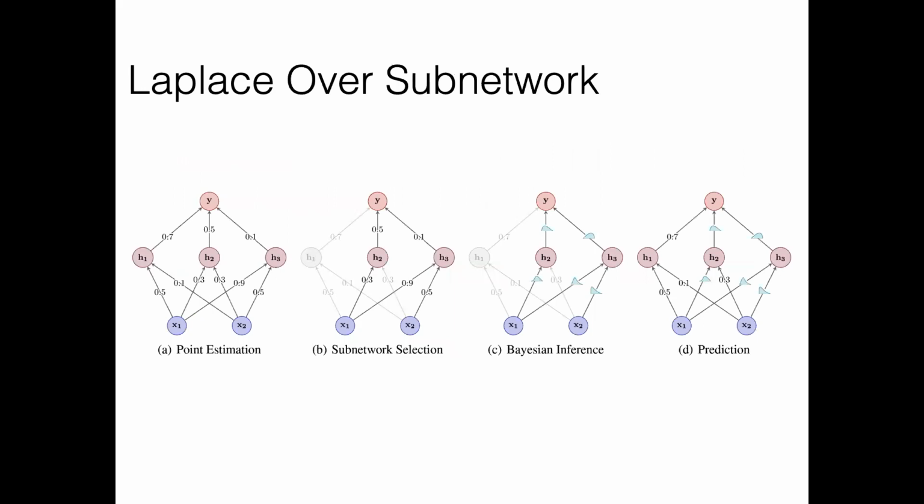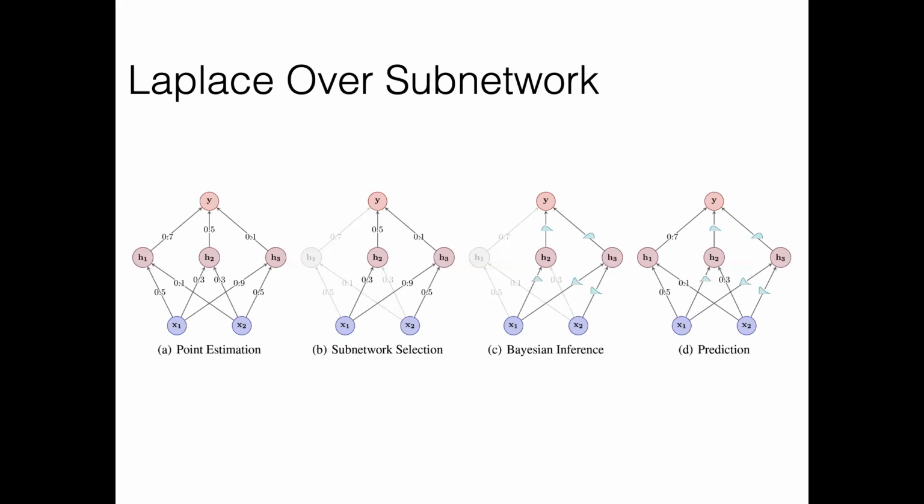I'll just briefly point you to a paper that I've worked on that I think is a very scalable approach to this. We did a Laplace over a subnetwork of the weights. So you first train your weights to a point estimate just like normal, but instead of going straight to Bayesian inference, that is computing that Hessian matrix, you do some subnetwork selection step or a pruning step.